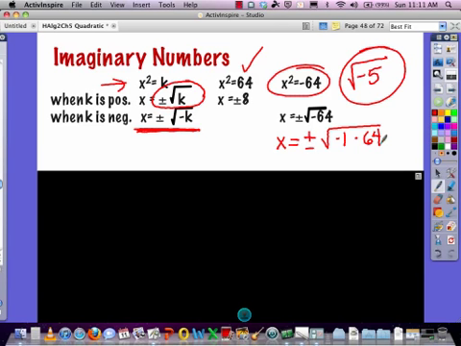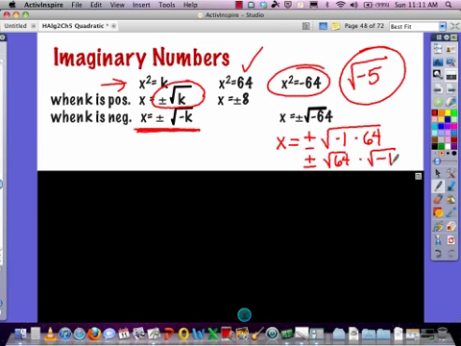So now they were able to finish the square root process, with the square root of 64 broken down and the square root of negative 1 just remaining. So then they had plus or minus 8 with that square root of negative 1 always remaining.